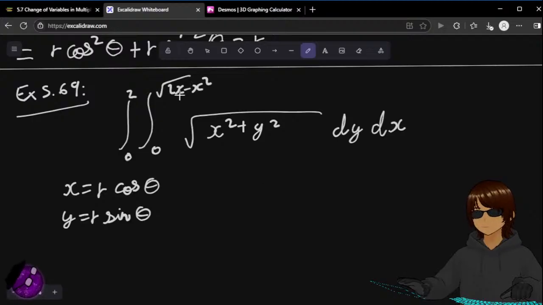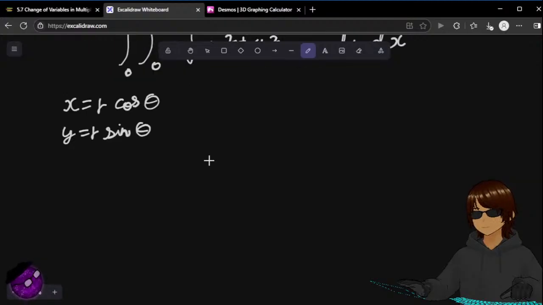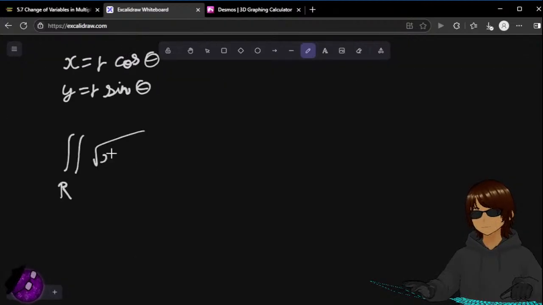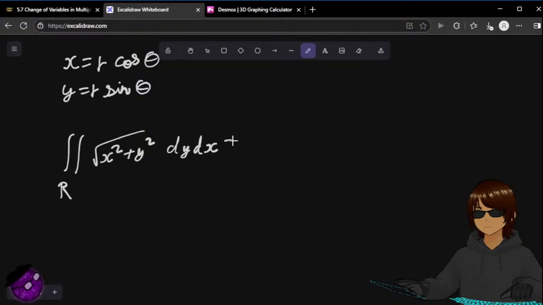You have region R, x square, y square. Region S, r cos theta plus r sin theta.